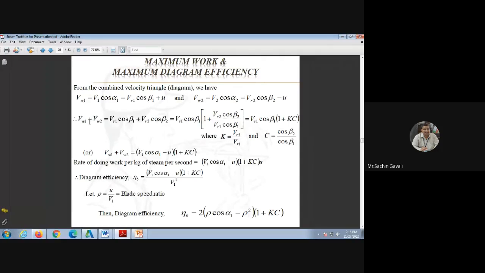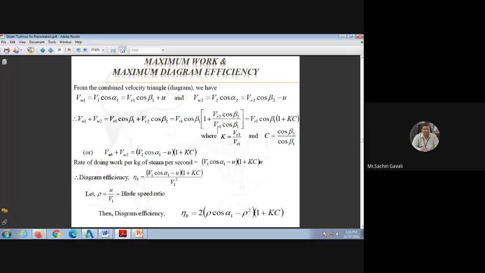Now VW1 plus VW2 is VR1 cos beta 1 plus U plus VR2 cos beta 2 minus U. The plus U and minus U get cancelled, so it becomes VR1 cos beta 1 plus VR2 cos beta 2. If you take VR1 cos beta 1 common, it is equal to 1 plus VR2 cos beta 2 divided by VR1 cos beta 1.